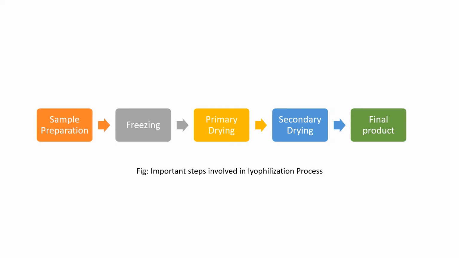After secondary drying, you can collect the sample in solid state, a highly porous, highly microstructured lyophilized product, and pack it in a suitable container. Generally a vial is used for packaging the lyophilized product. So this is a brief introduction to the various steps involved in a lyophilization process.